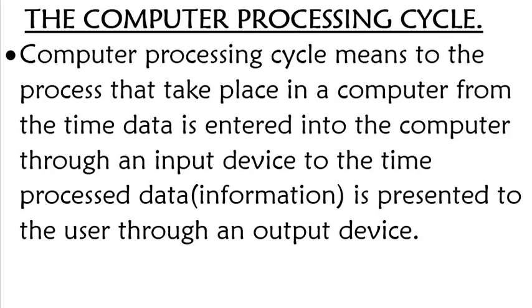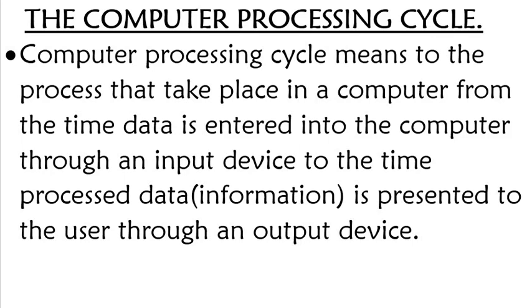So the first thing is a definition of what we call computer processing cycle. On the screen, computer processing cycle simply means the process that takes place from the time you enter data in the computer up to when data is processed and then results given out in form of information.